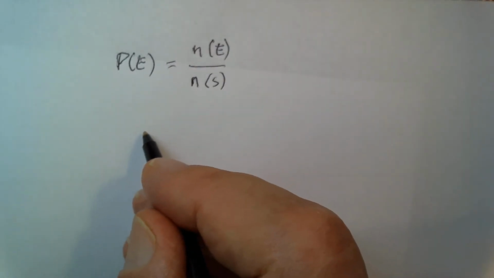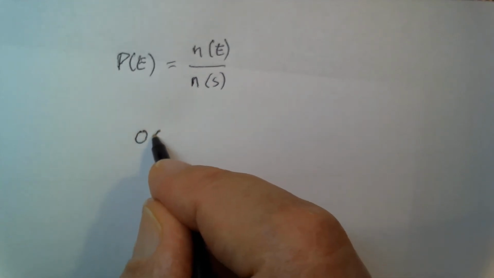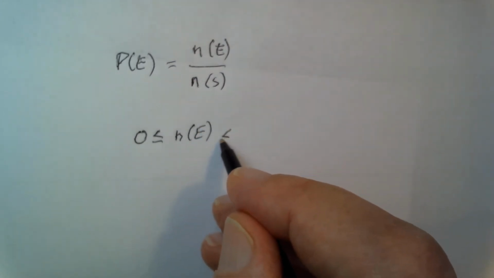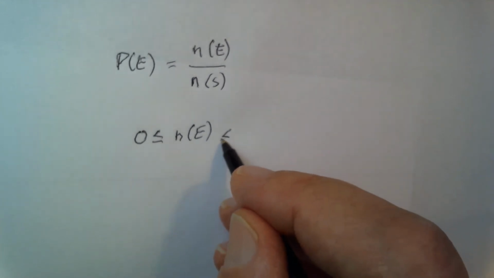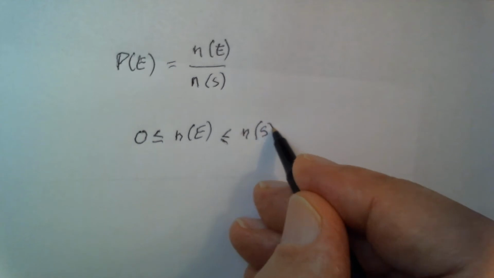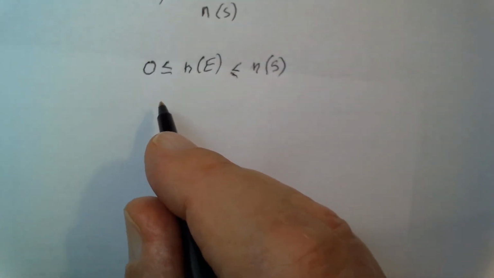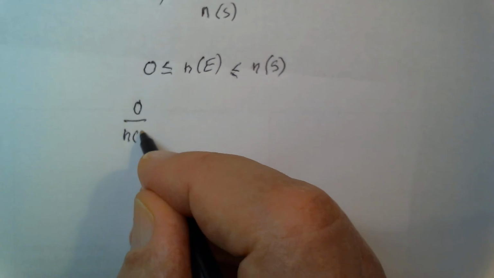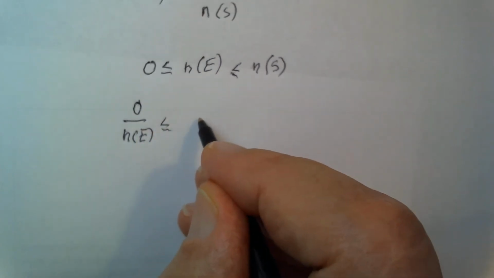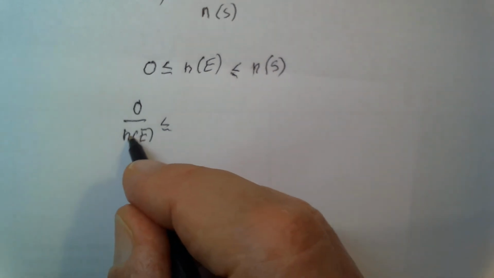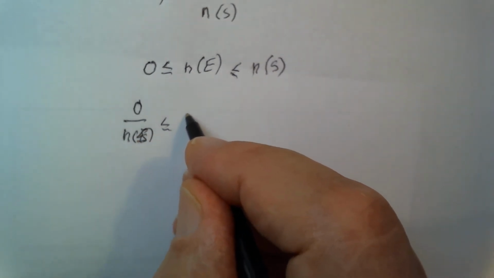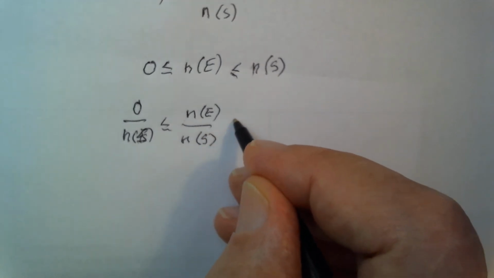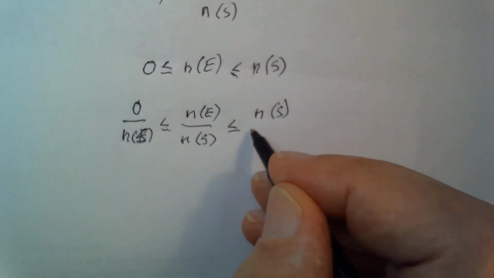And we also know that the number of favorable events must be between 0, including 0, and the total number of outcomes, which is n of S. When we divide this inequality by n of S, then we get 0 divided by n of S, less than or equal to the number of favorable outcomes divided by the number of total outcomes, less than or equal to n of S divided by n of S.